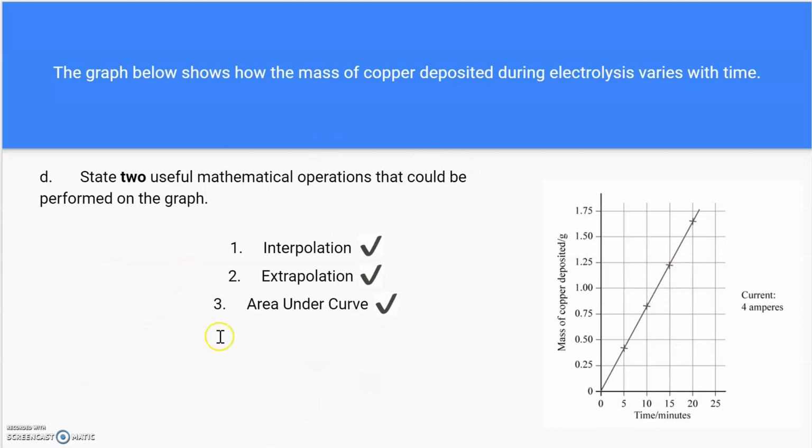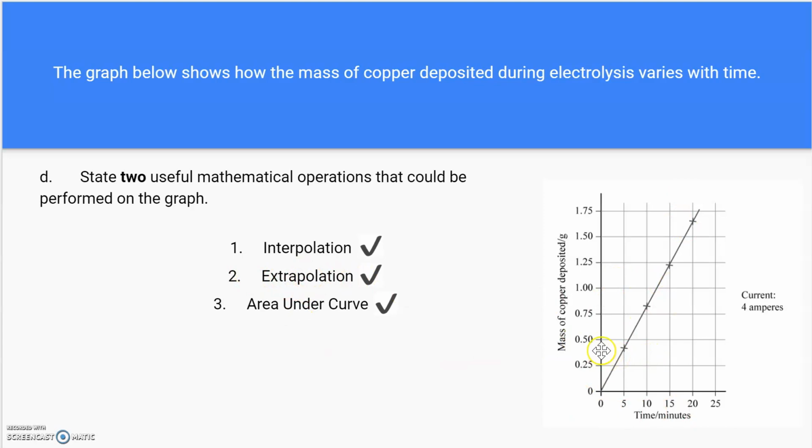And part D, which is the last one, asks us to state 2 useful mathematical operations that could be performed on the graph. Now there are really 3 possibilities. Interpolation, which is figuring out one data point within the line and the values that are given.